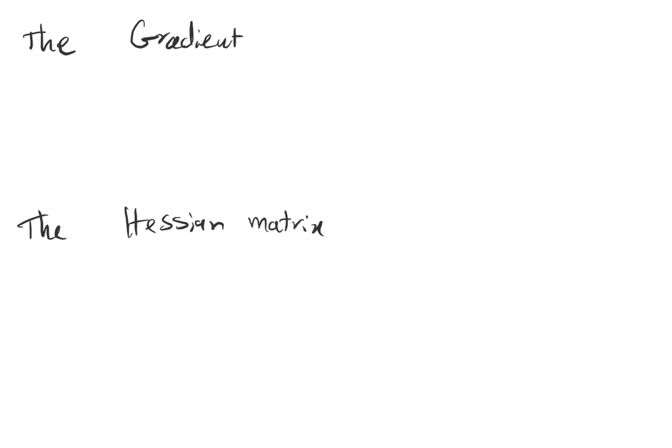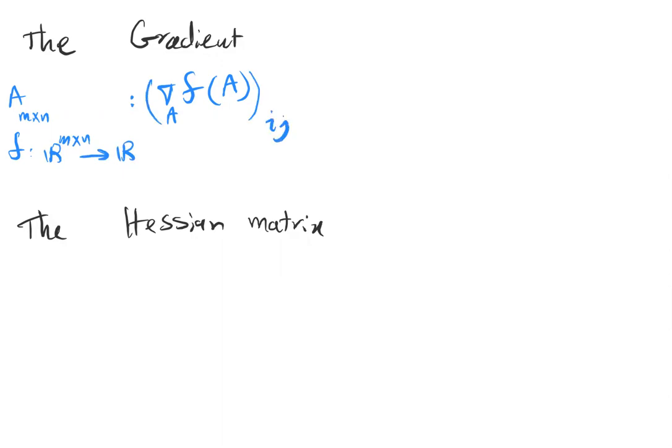If we want to find the gradient of f, which is a function of matrix A, with respect to A, let's say A is m by n, and f is from m by n space to real values, then element ij of the gradient of f is the partial derivative of f of A with respect to element ij of A.